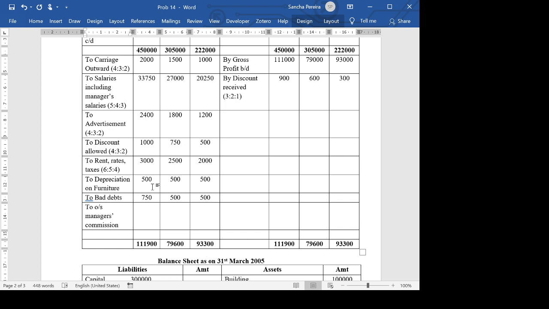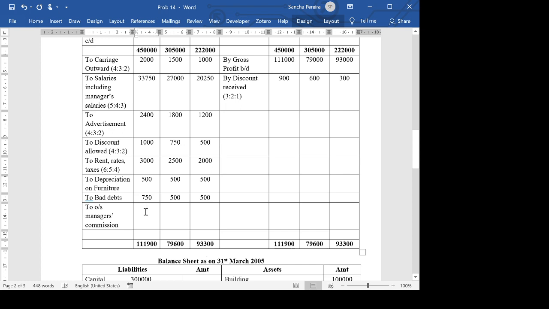I will get 68,500. I'm not going to write this 68,500 directly because on the 68,500, I need to calculate commission to this manager, and the commission is 10%.